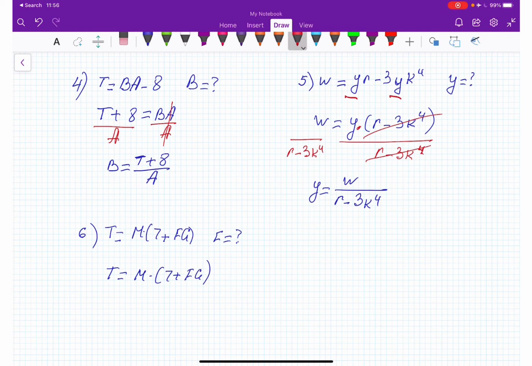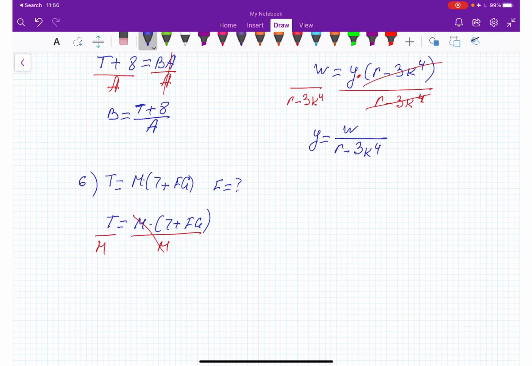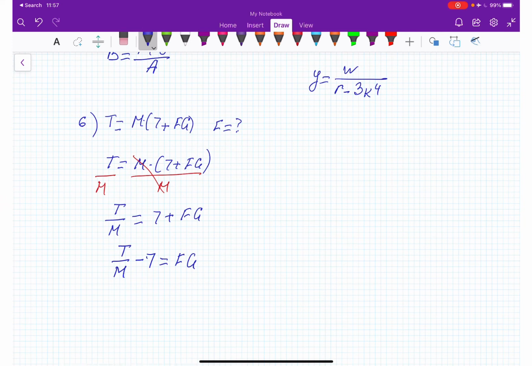Let's divide both parts of the equation by m. This is gone, and I will have t over m is equal to 7 plus fg. Next I have to get rid of 7. So it's going to be t over m minus 7 is equal to fg, right?